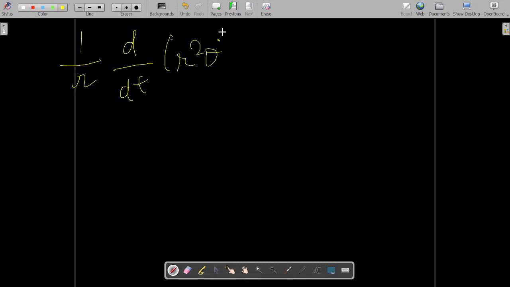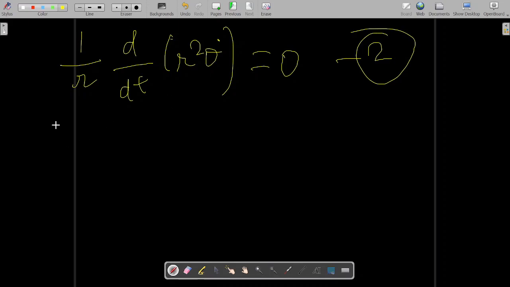Integrate equation 2. Now equation 2 is something like this: d by dt of r square theta dot is equal to 0, which is your equation 2, which I have already written.